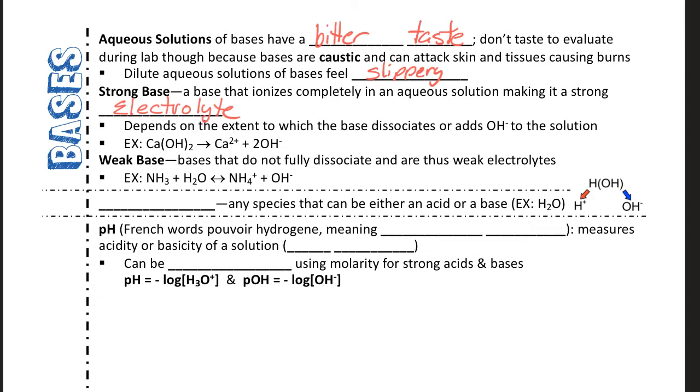It just depends on the extent to which it dissociates, which means separates, and adds negatively charged particles to the solution. A weak base, of course, is going to be a weak electrolyte because there aren't that many ions.